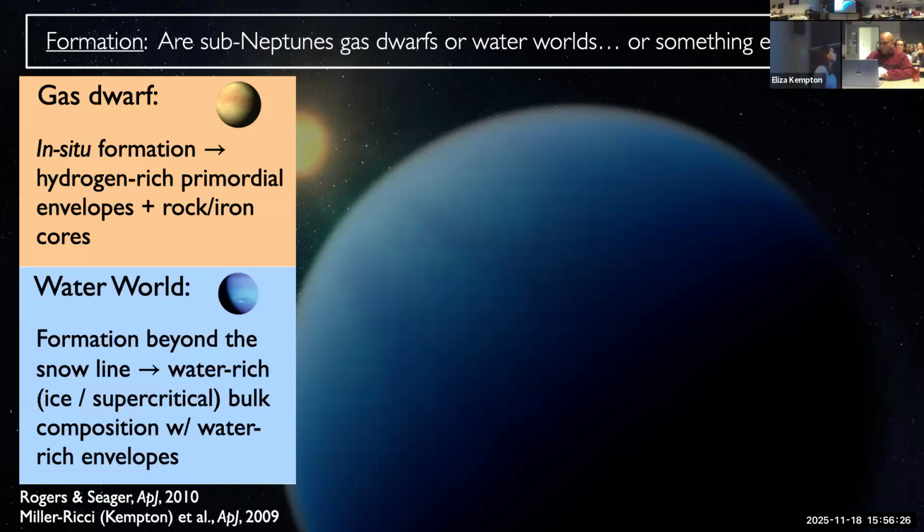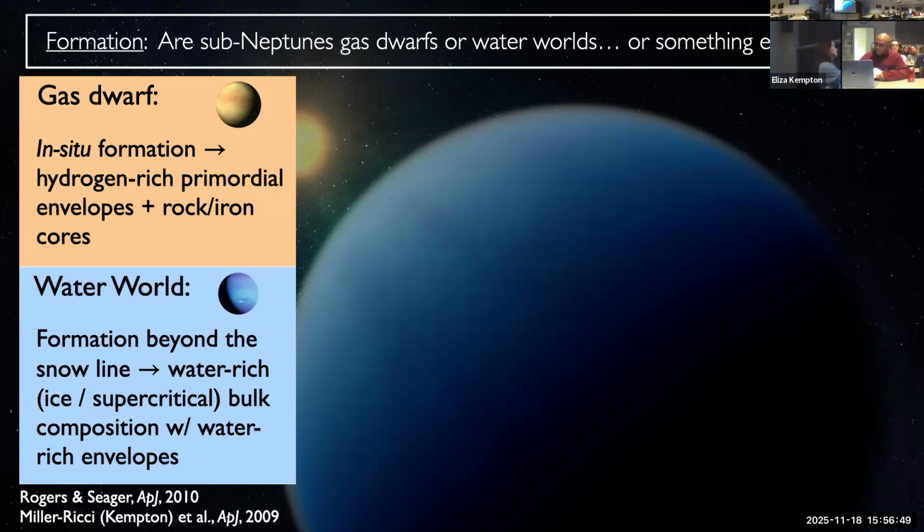A second competing theory is that these planets are formed initially farther out in the disk, out beyond the water ice line. There they would have access to large amounts of water ice at formation. They'd be very water rich in bulk, and then the planets migrate in later.